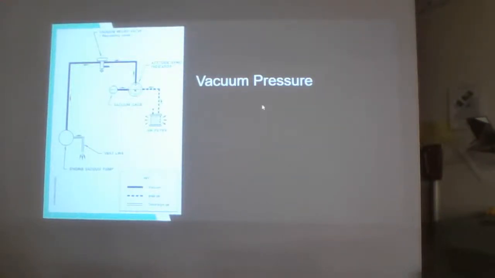And I don't know if you can see that from the video, but this is a really good simple schematic for you to look at, just to get an idea of the vacuum pressure indicating system.